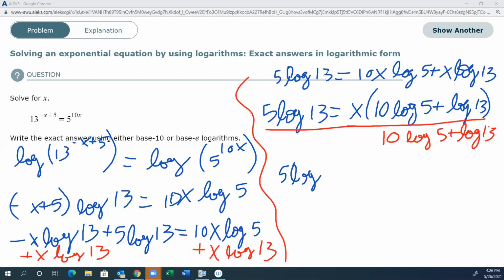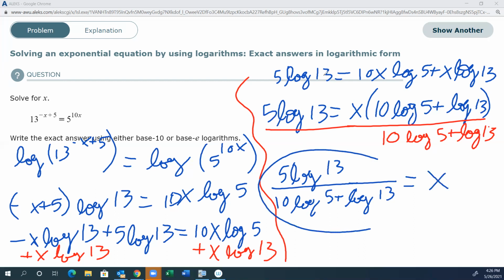My stylus is dying on me because I'm using it so much. Okay, equals x, and then this is the final answer. And of course, you could just plug this into your calculator. I think I'll just do that. Let me do some erasing first.